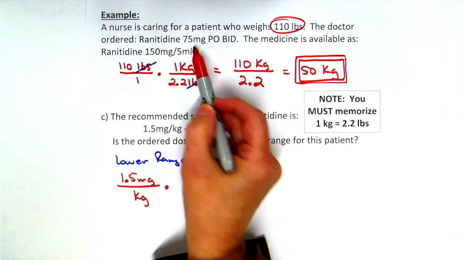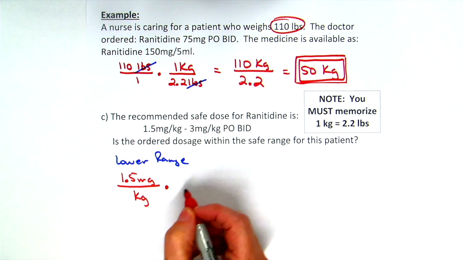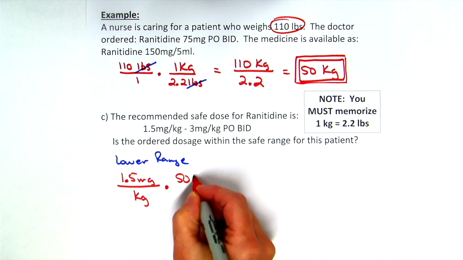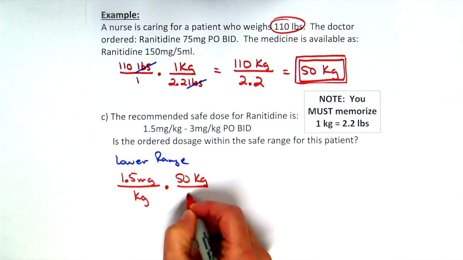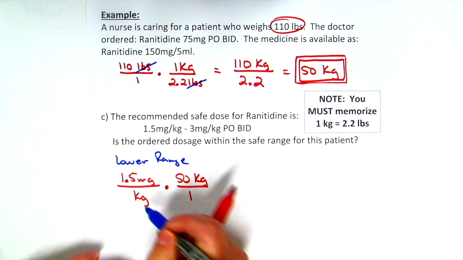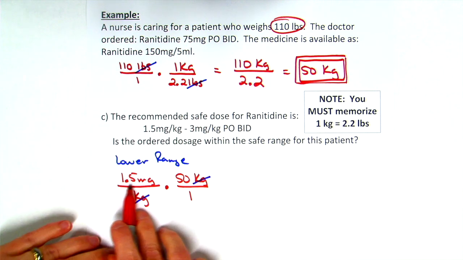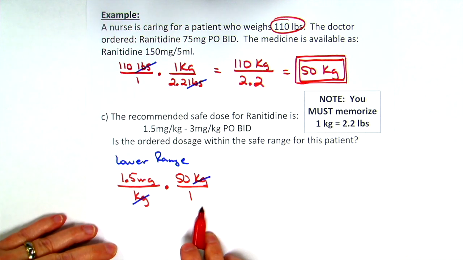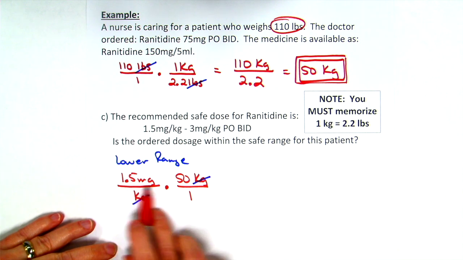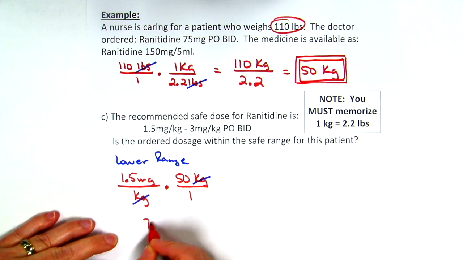So I'm going to multiply this by the 50 kilograms, the patient's weight, over 1. That's going to let me cross out kilograms and kilograms there. So multiply straight across the top, multiply straight across the bottom. I'm just going to get 1.5 times 50, which is going to be 75 milligrams.